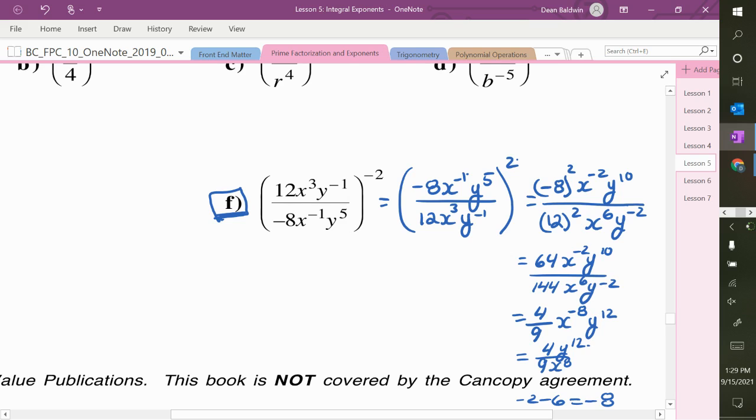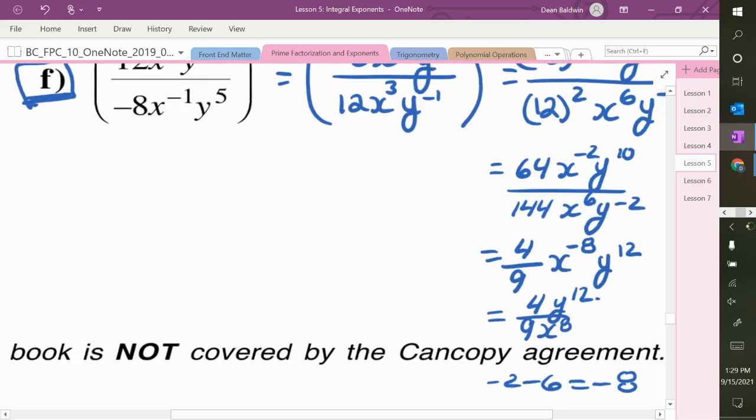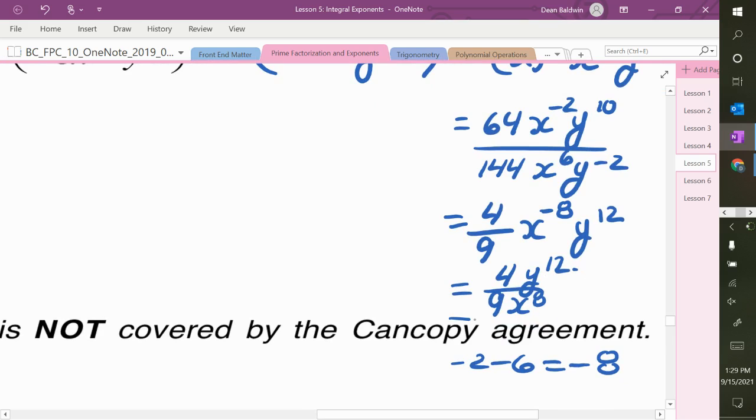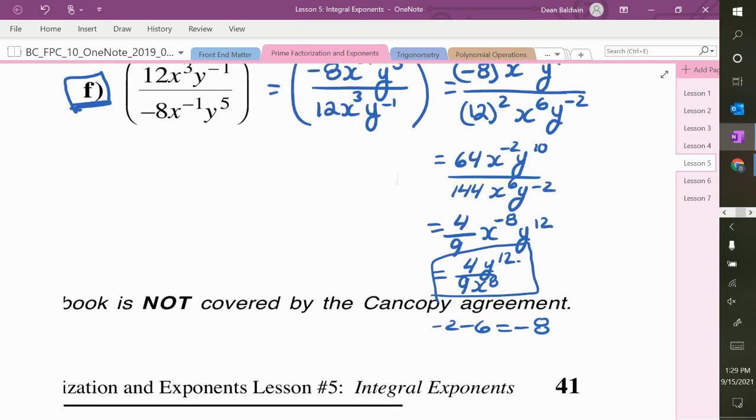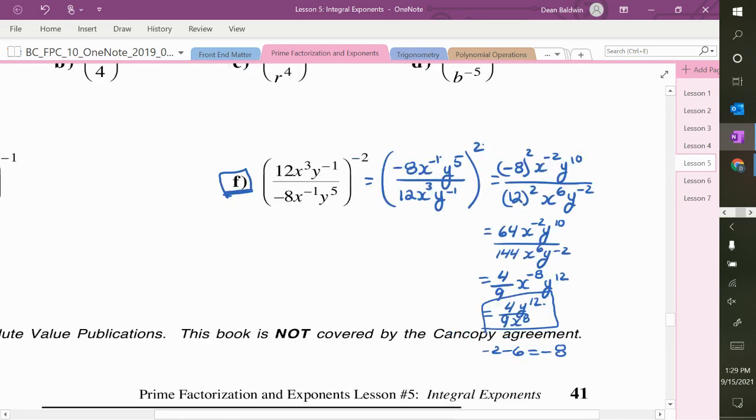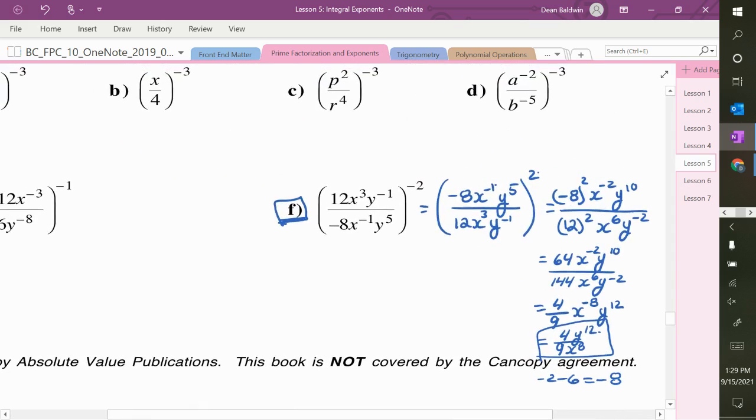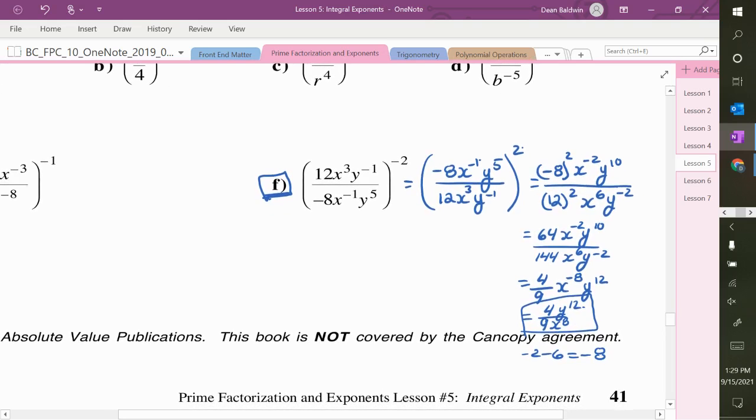So 4y to the 12 over 9x to the positive 8, sorry. Those are tricky. This stuff is tricky, people. You just have to keep practicing it, step by step. Try not to do too much stuff in your head. I'm going to give you lots of room.